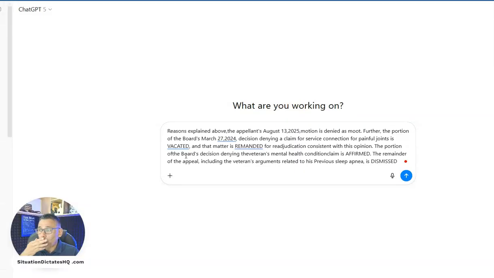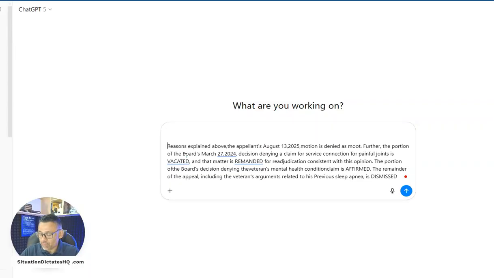Now, if you're just going to copy something and paste it right into Chat GPT, use this command right here.